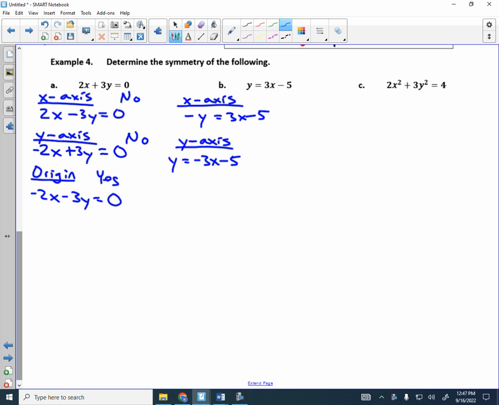No. And when you do the origin and you get negative y is equal to negative 3x minus 5, sometimes people might think that will be the same because if I multiply it through by a negative 1, it changes the 3x to positive. But it also changes the 5 to positive. So this has no symmetry at all on the x-axis or the y-axis or the origin.